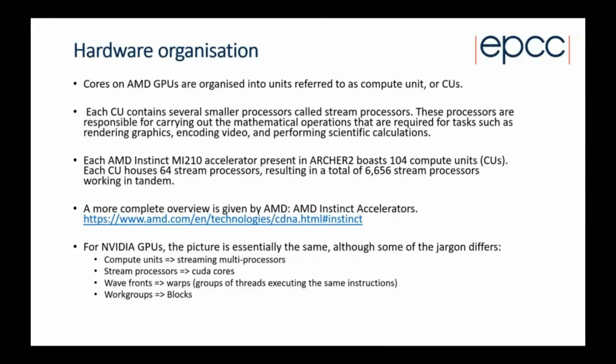You also have wavefronts and warps. We'll come on to these terms more in a bit, but the best way to describe a wavefront or a warp is a group of threads executing the same instruction. I'll show you some diagrams of the hardware about how we group instructions and how this looks in detail. But those wavefronts and warps are equivalent. And then we also have work groups in AMD parlance and blocks in CUDA language.